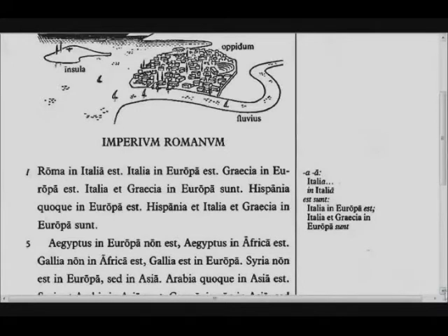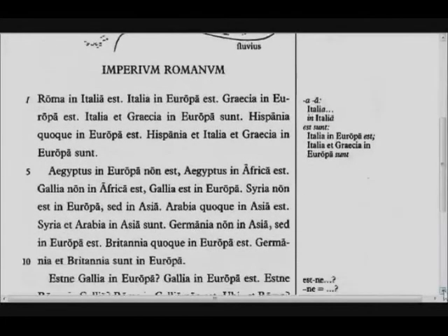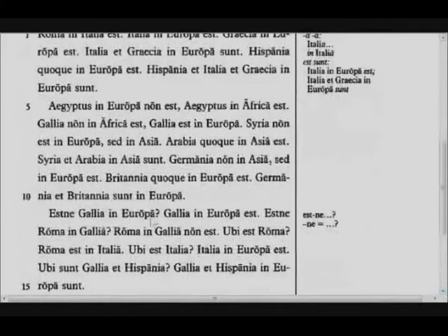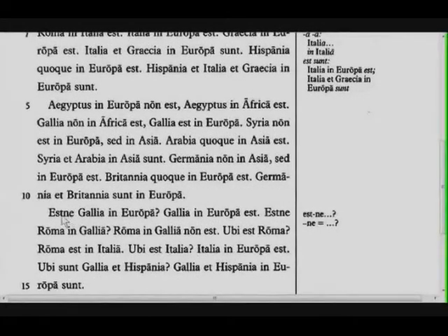The next grammar point I want to show you is in line 11, and that is what is called an enclitic. Est ne. This is the same word est that you saw earlier, or you can see in the sentence just above here, Britannia quoque in Europa est, but it has this little tag on, this enclitic, ne.